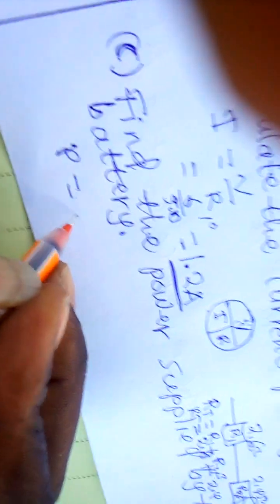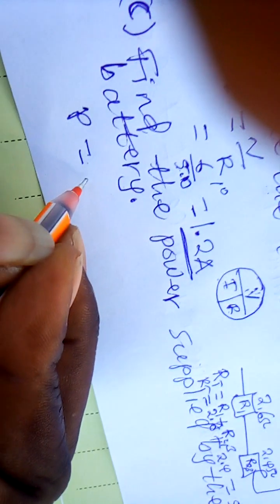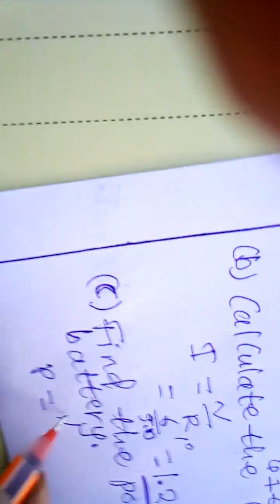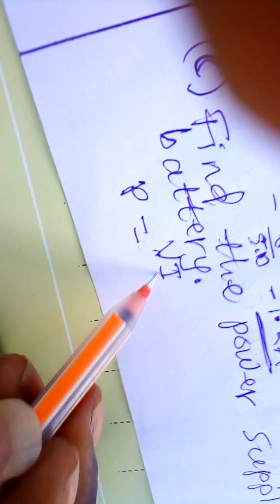So what formula can we use in this case? The formula is power is equal to voltage times current. But mainly I would just write it as power is equal to VI.